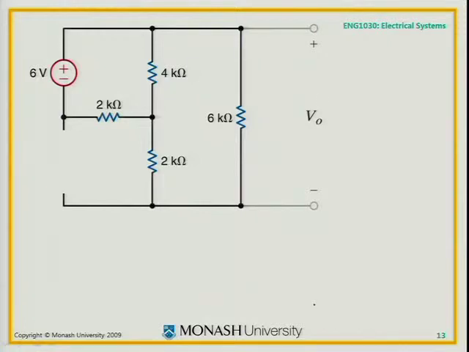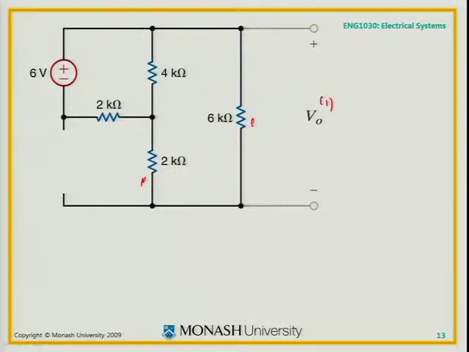And I have to find V01, the voltage on the 6K resistor. Can you see two resistors that are in series now that I've got rid of that current source? The 6 and the 2, this one and this one, are in series.